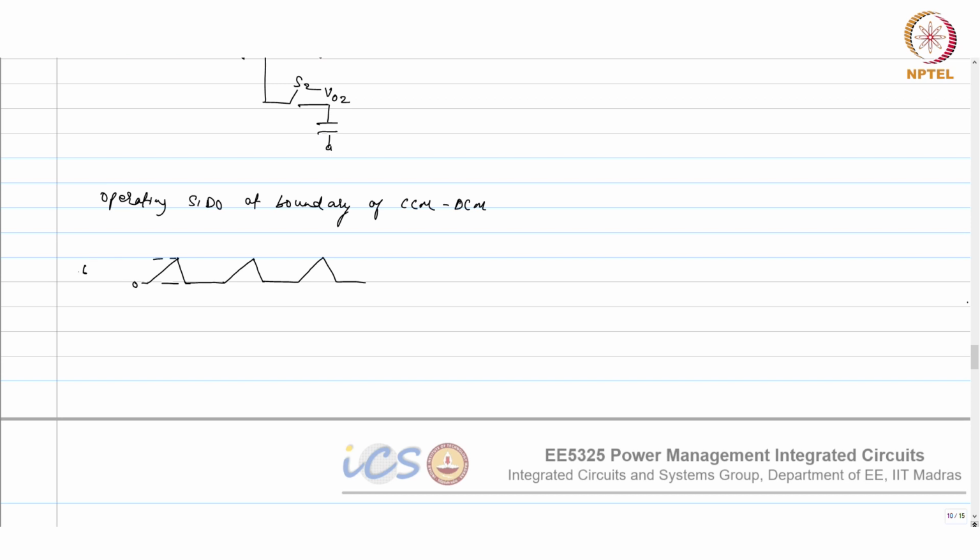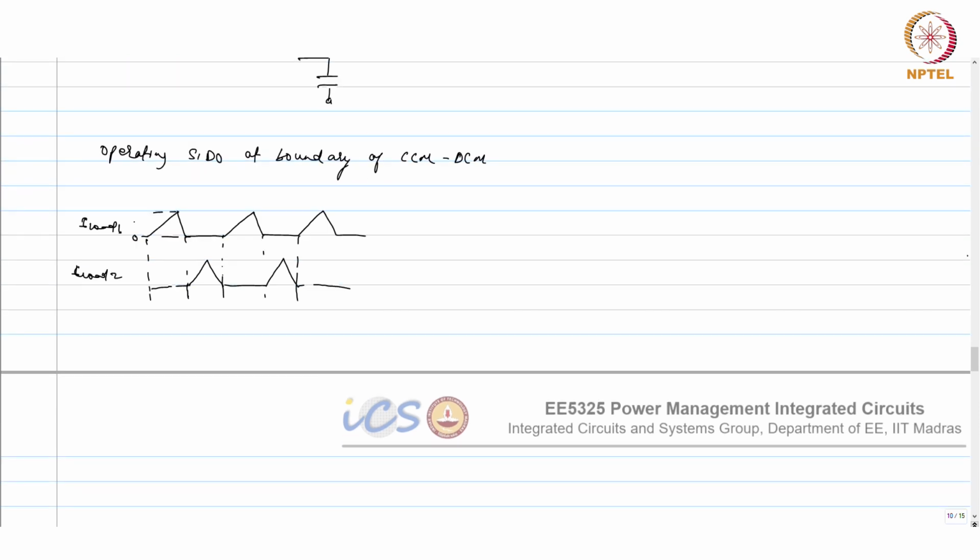If I ensure that my I load 2 always starts when this goes to 0 and remains until here, now the inductor current will be simply I load 1 plus I load 2.